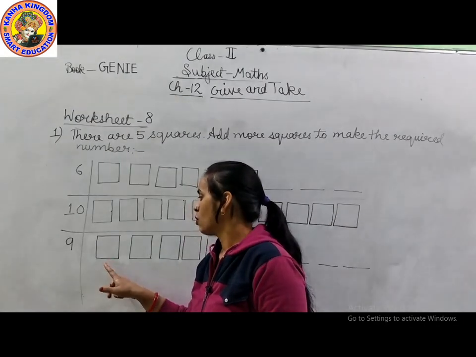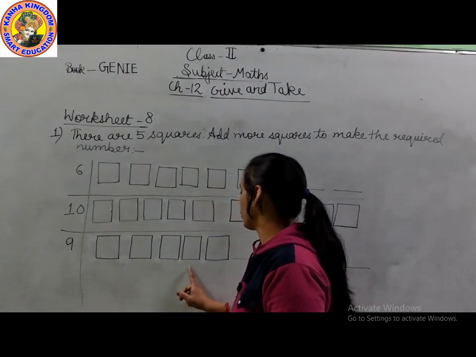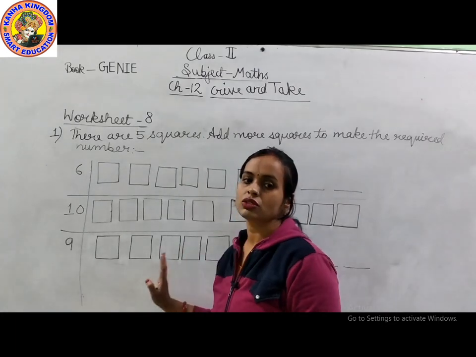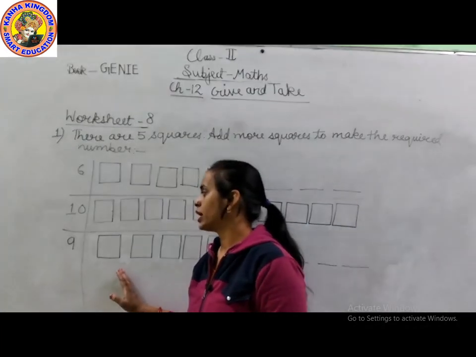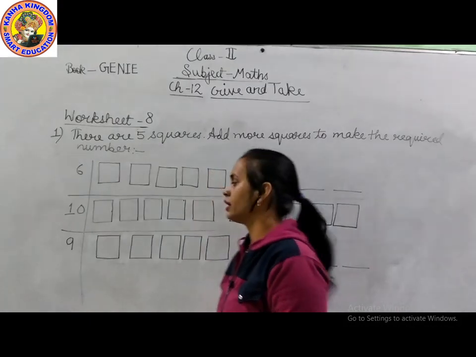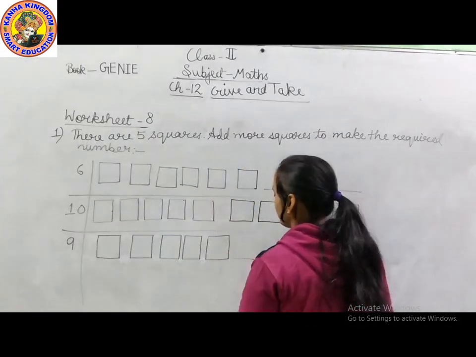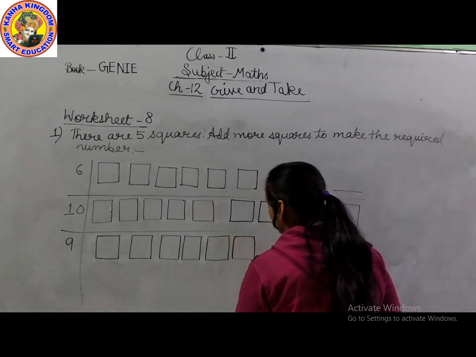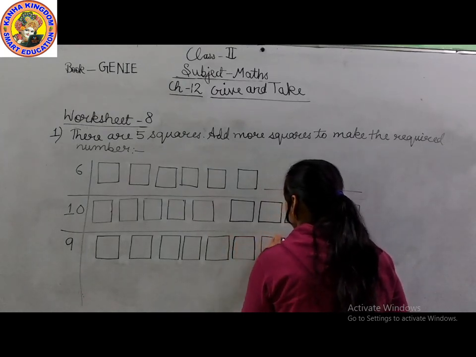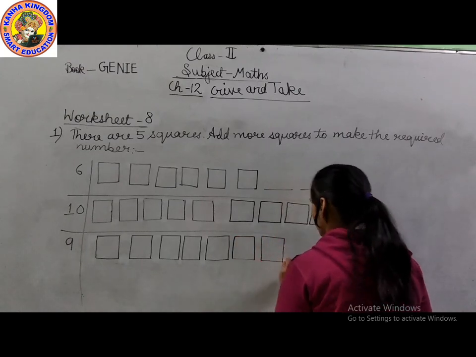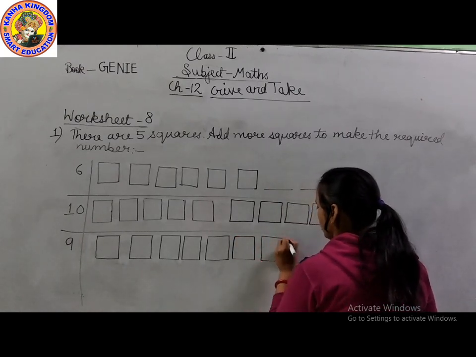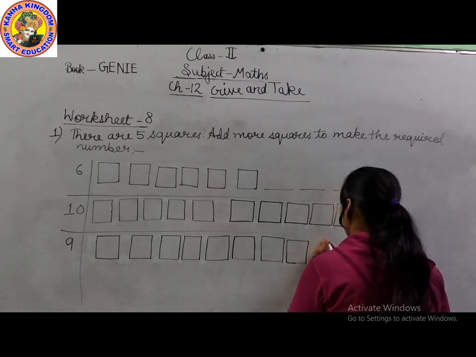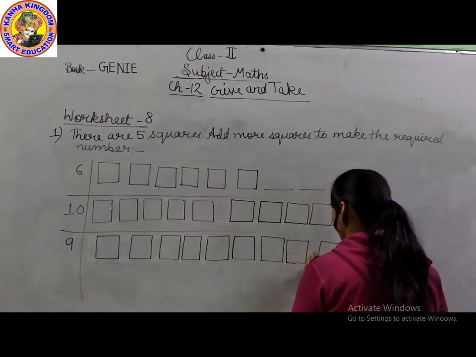Now next is 9. 5 squares are there. How many squares do we have to make to get 9? So 5, 6, 7, 8, 9.